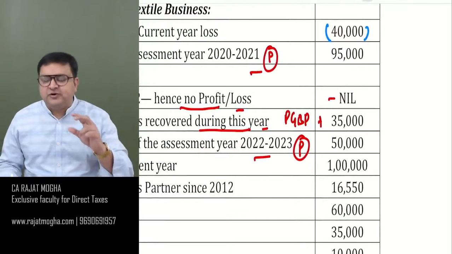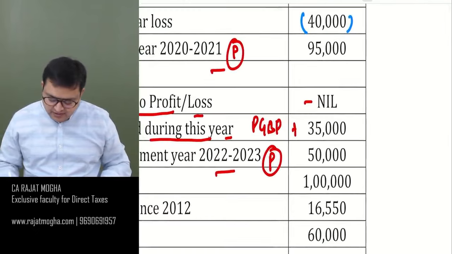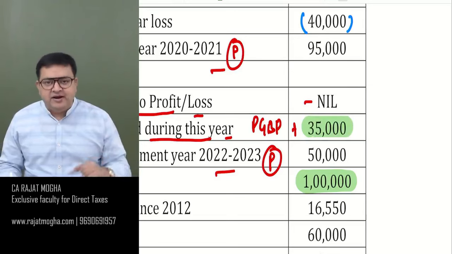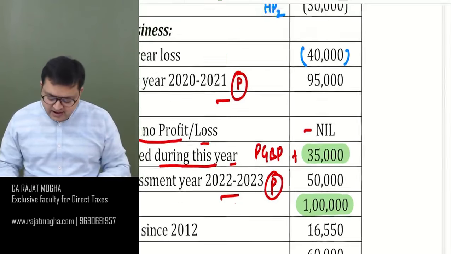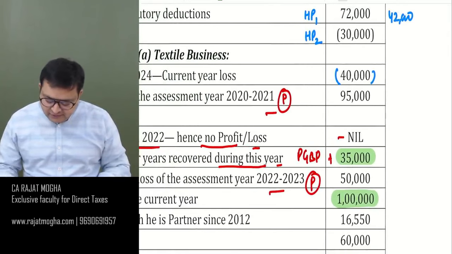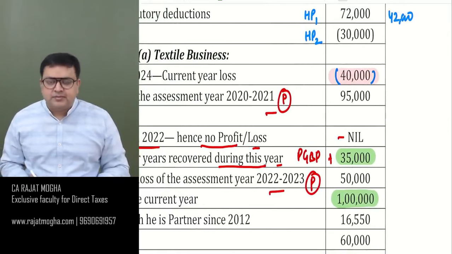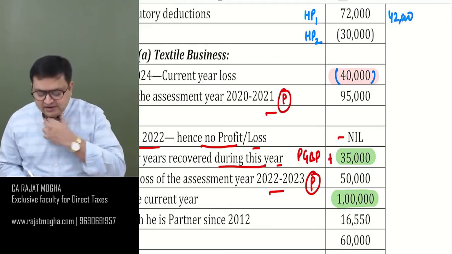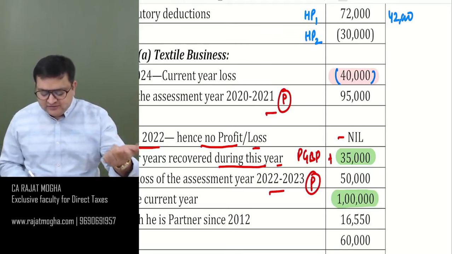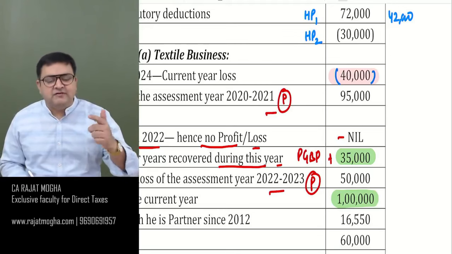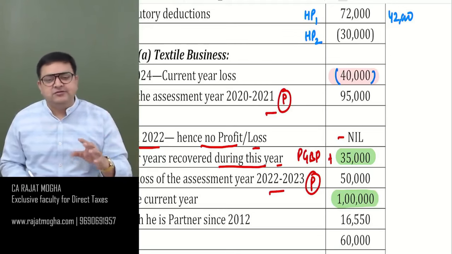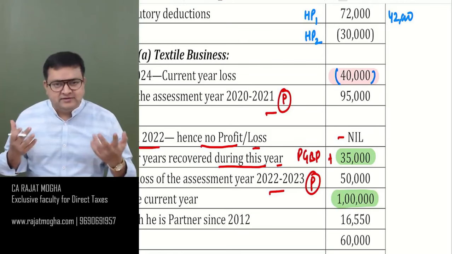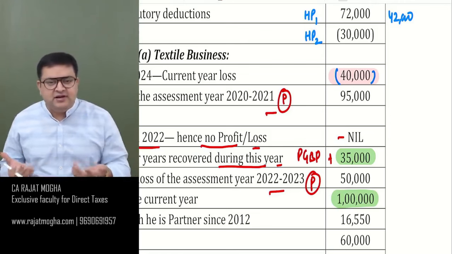So now, first of all, current year PGBP. So 1 lakh, we have a profit. 35,000 is also the deemed profit, bad debts recovered. And in that business, 40,000 is the loss. So we will do in rough calculation that for current year PGBP, there are 3 PGBP, 1 loss and 2 income. So first of all, I will set off my current year losses with my current year income. And you know that this is one assessee. He is having 3 different businesses.